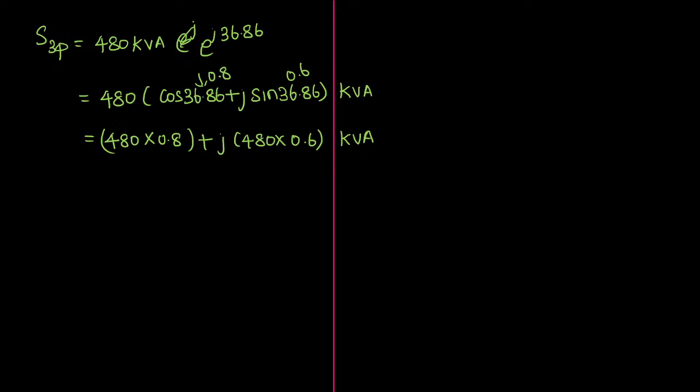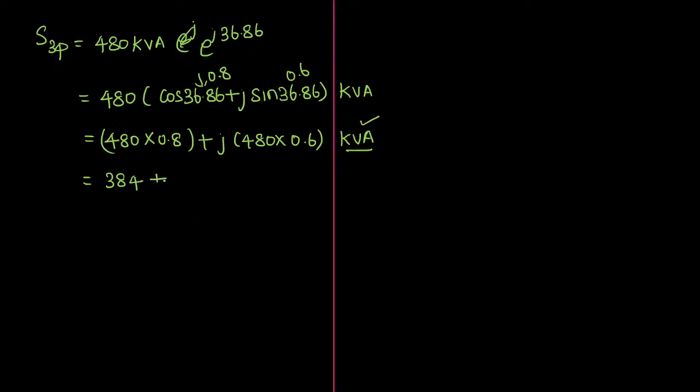Fine, sir. Now what is our next task? Finally, if you observe, I brought the answer. If I put 480 into 0.8, I am getting 384. So I can say the real power consumed by the system is 384. It is in kilovolt ampere, right? When we are considering total apparent power, it will become kilovolt ampere.